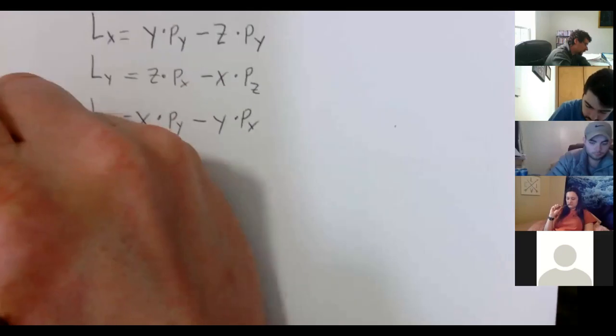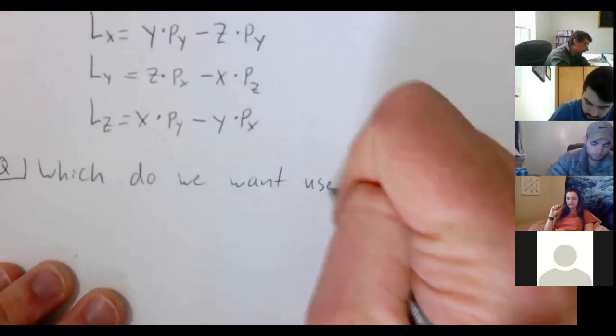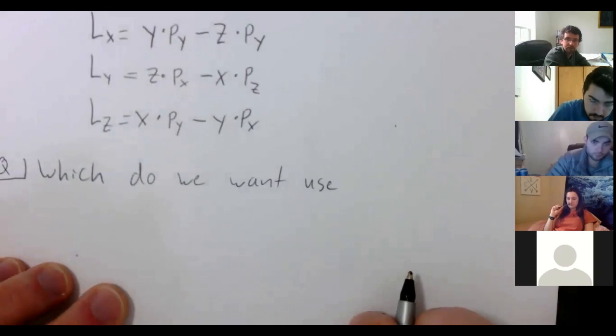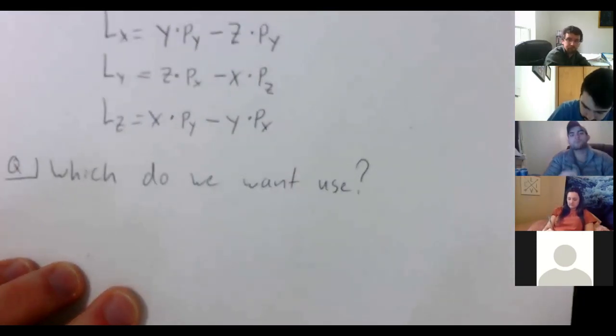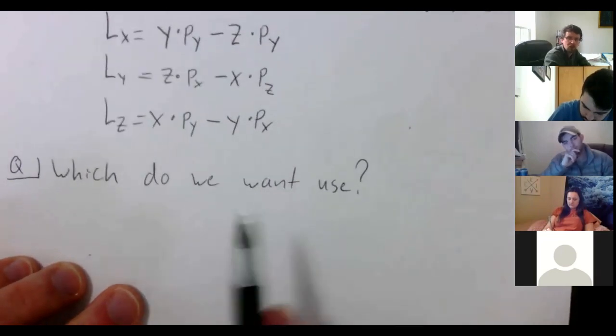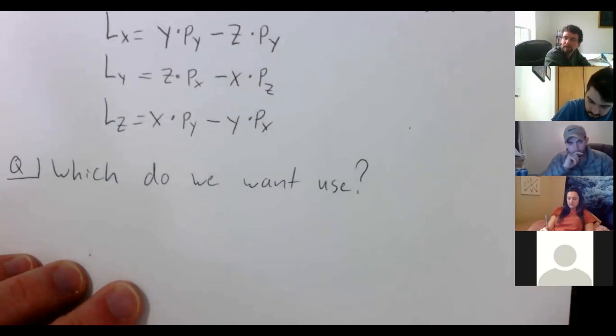So we're going to ask the question, which do we want to use? Is it a capital P or a lowercase? It's meant to be a lowercase p. So of these three components, which of them do we want to use and why?